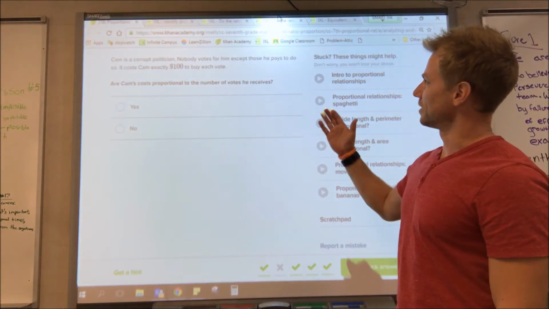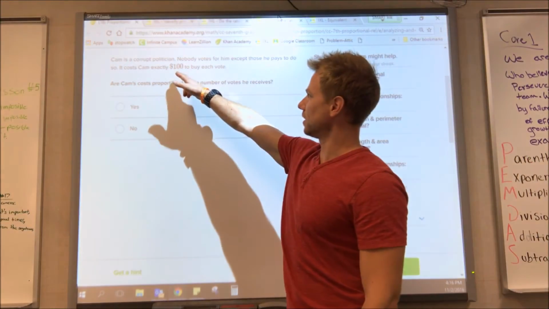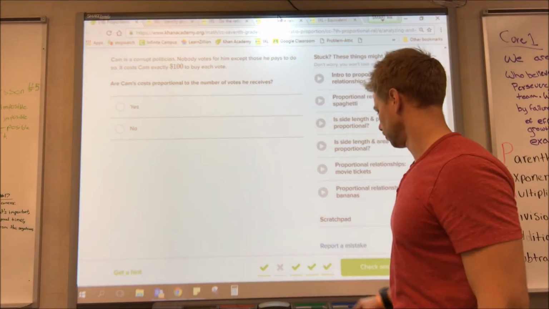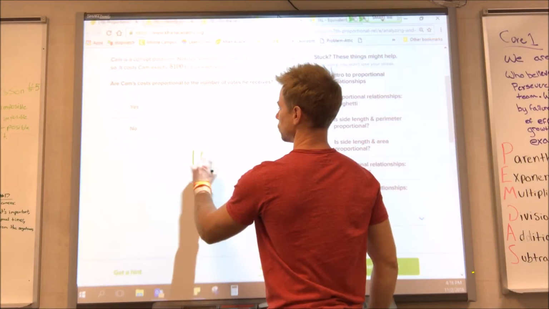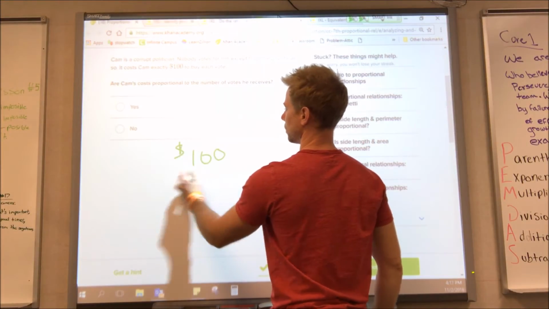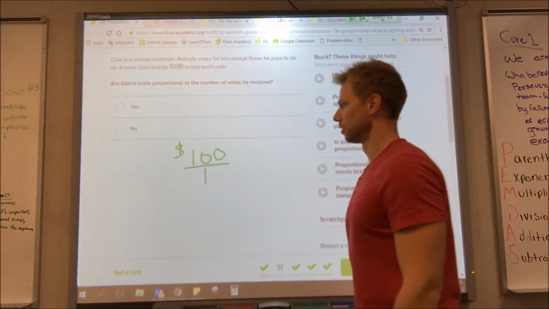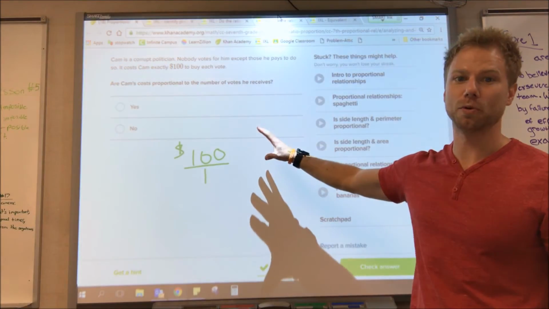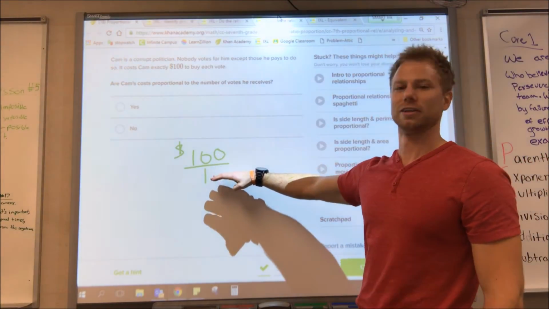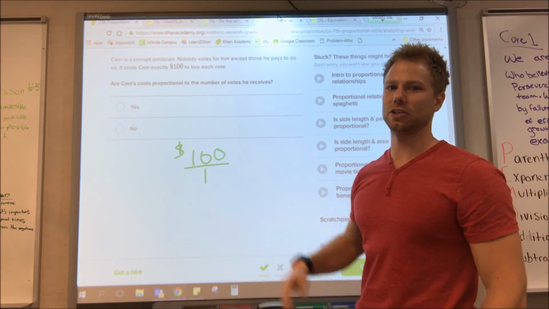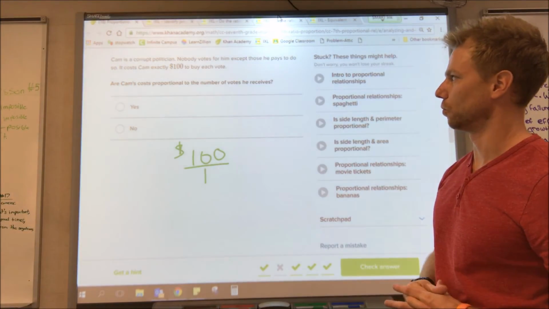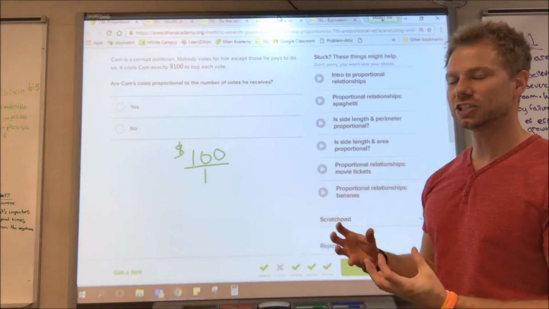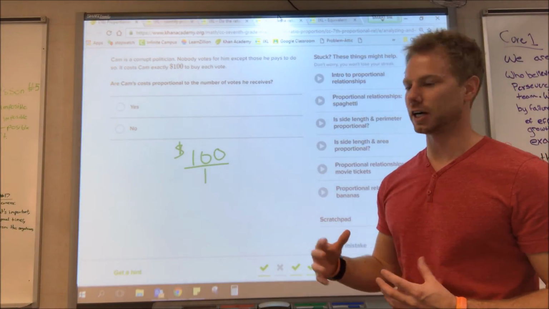Okay, so it says he gets exactly $100 for each vote. So $100 per vote, $100 for one, okay? It would be proportional because we can write it out as a unit rate, $100 to 1. For each ticket, he gets $100.